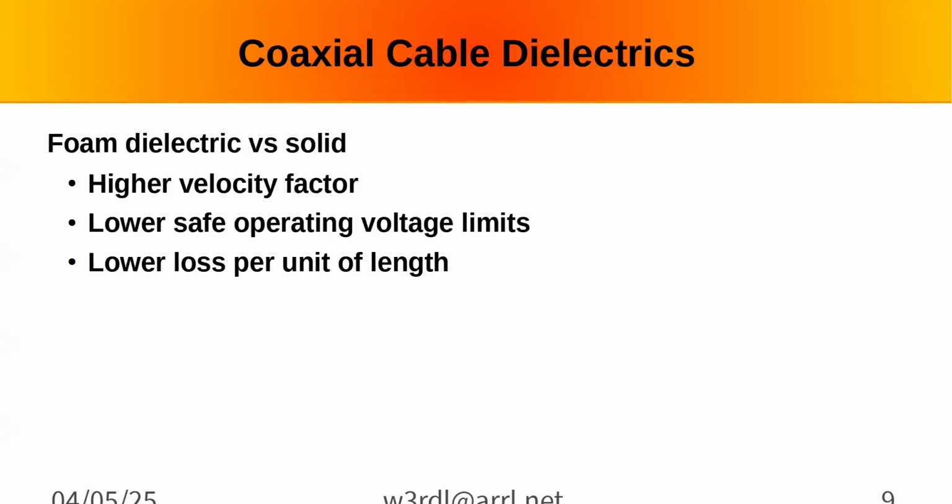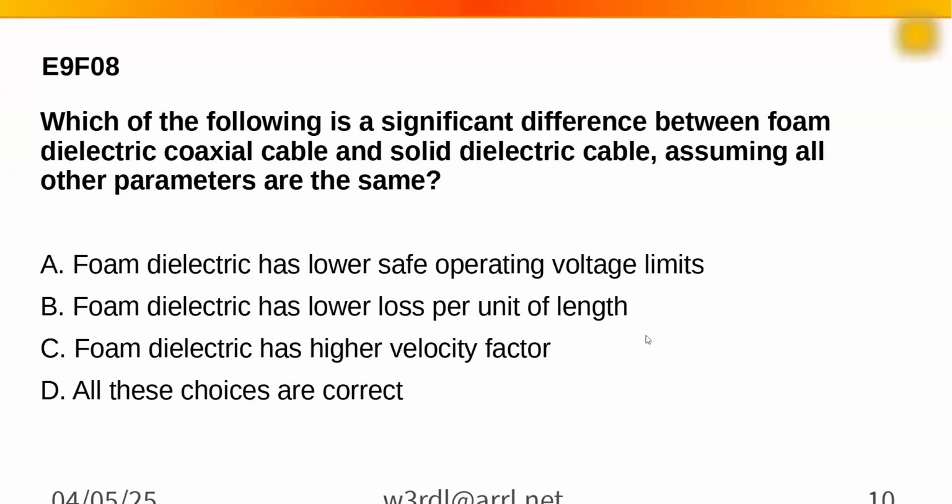So your best cable as far as loss is going to be with a foam dielectric in a solid type coax. The air insulated hardline is probably the best, very expensive and hard to deal with. And just have little separators to keep the center conductor from shorting out. But essentially, it's just air dielectric.